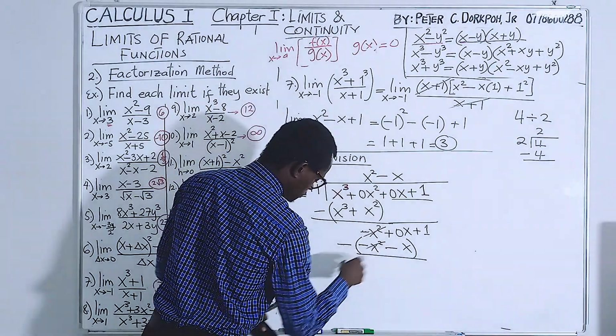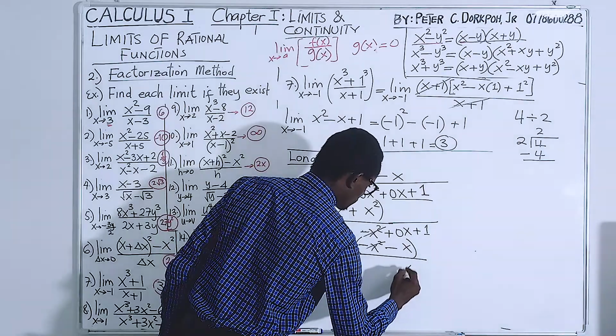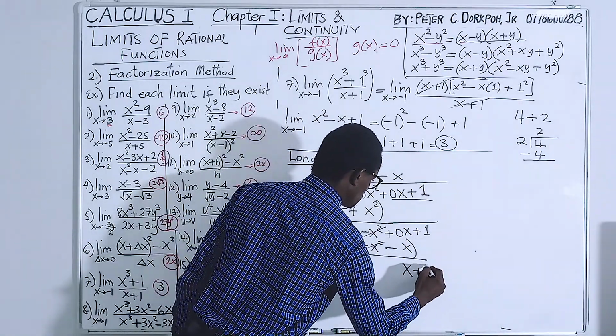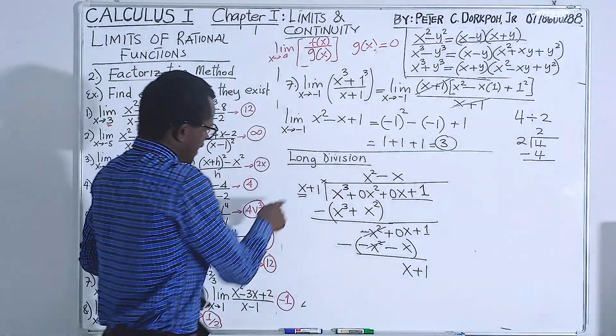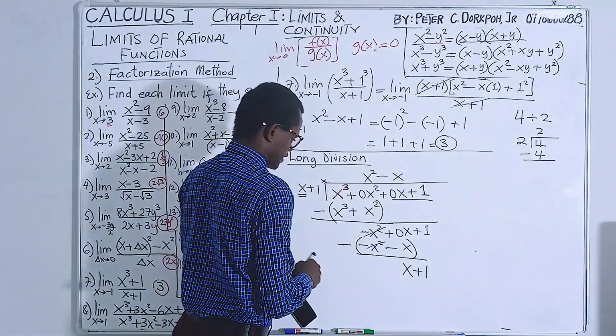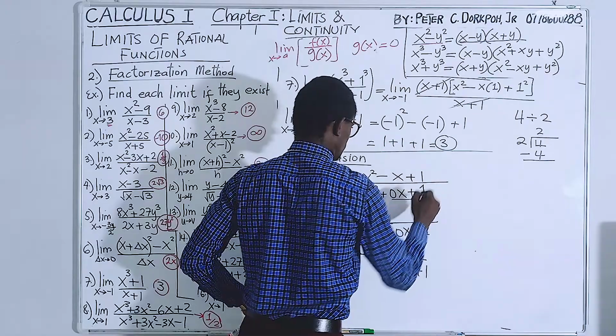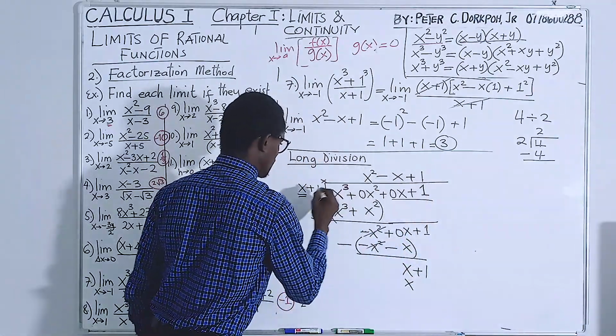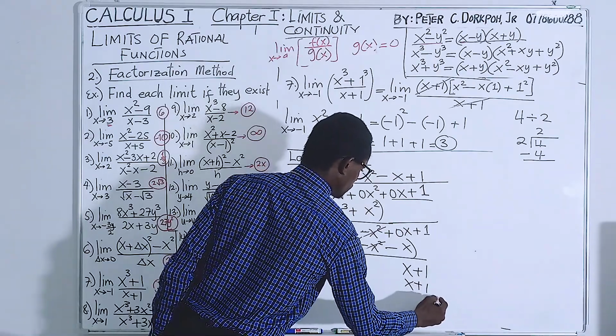Negative times this negative is positive, so here there will be positive x, because this is already 0. We'll bring this plus 1 down. Right? x into x is just 1. Then you have 1 times x is x. 1 times 1 is positive 1. You subtract.